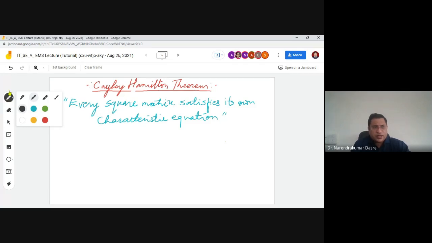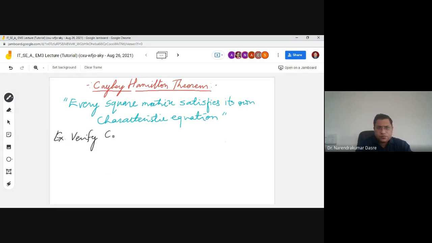So the first thing we need to understand is how to verify this theorem, whether it is true or false. Let us see that a square matrix satisfies this theorem, with an example.